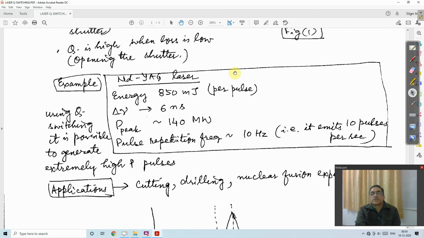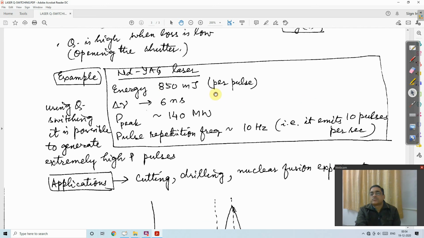For example, in a neodymium yttrium aluminum garnet laser, the energy is 850 millijoules per pulse. The pulse width is 6 nanoseconds, the peak power is 140 megawatts, and the pulse repetition frequency is 10 hertz, so it emits 10 pulses per second.